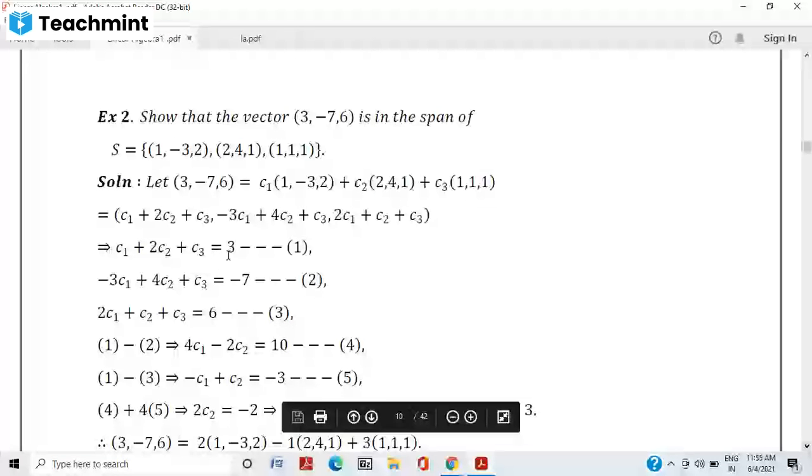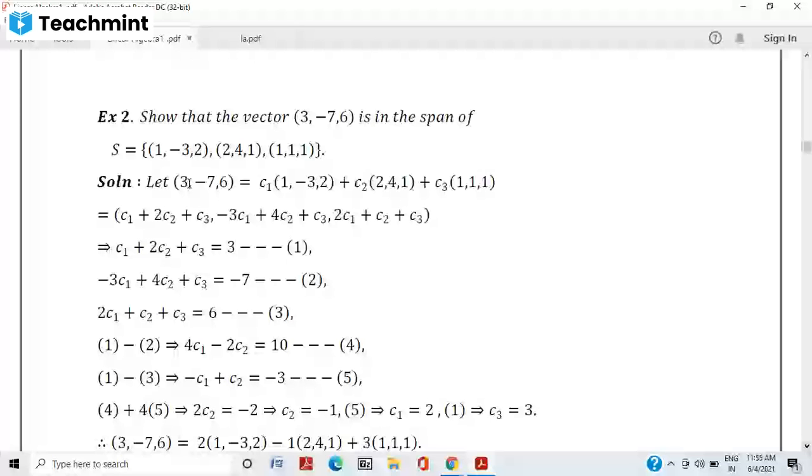How are you getting these elements? First element: C1 plus 2C2 plus C3. Here the left hand side vector is the same as 3, minus 7, 6. Then what do we get? C1 plus 2C2 plus C3 equals 3.